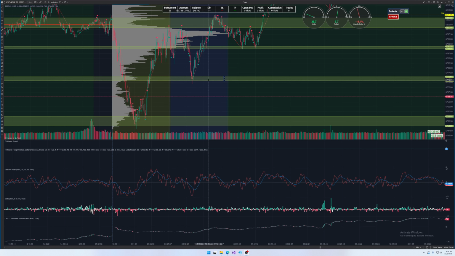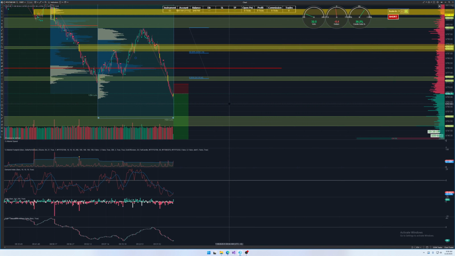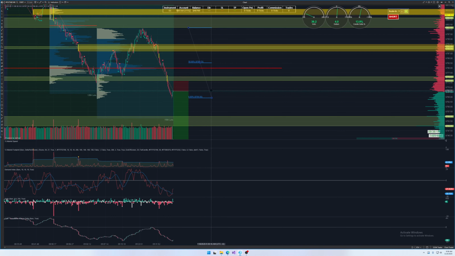The next support level here is down here, which is about 75 ticks, but actually I hope that the market will go back. So let's see, 50% would be here. Here, that's quite a high volume node it had.